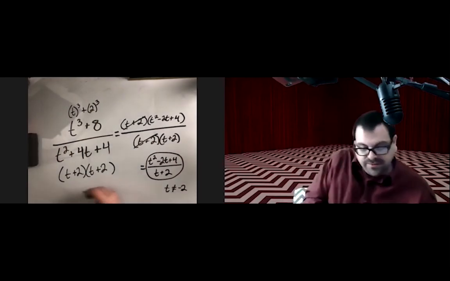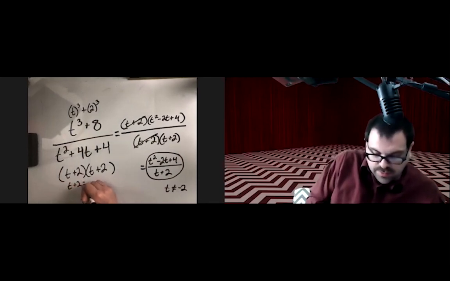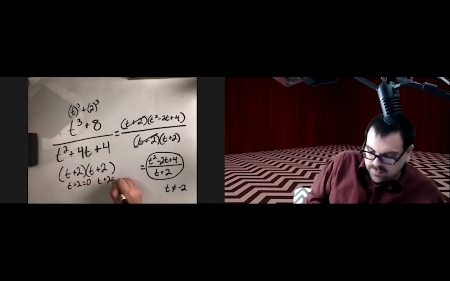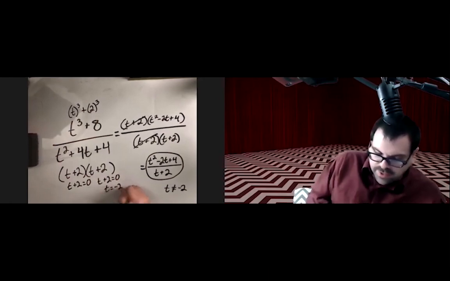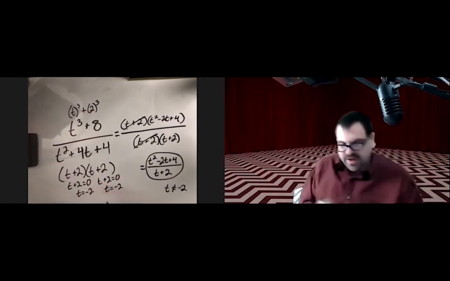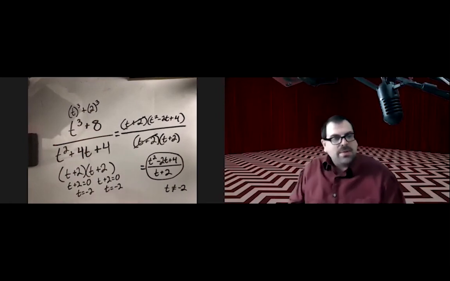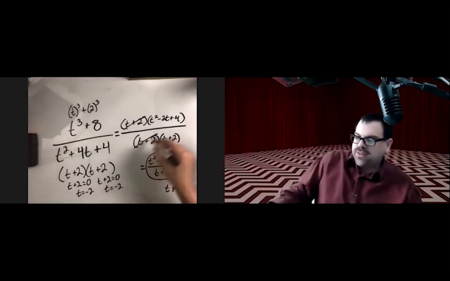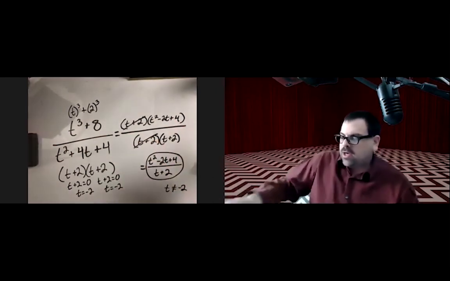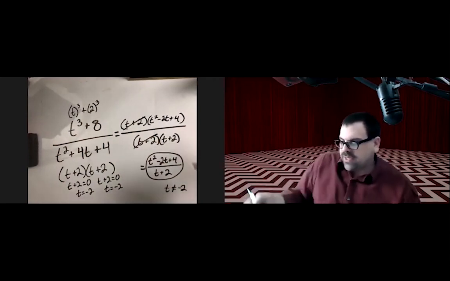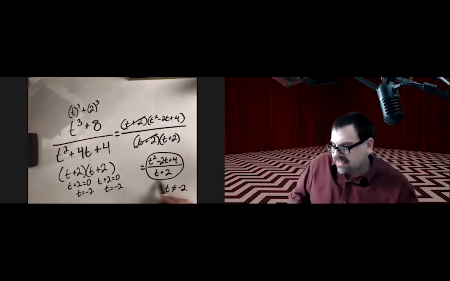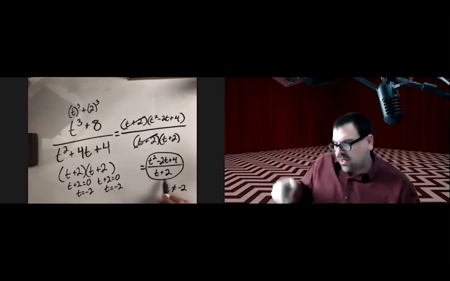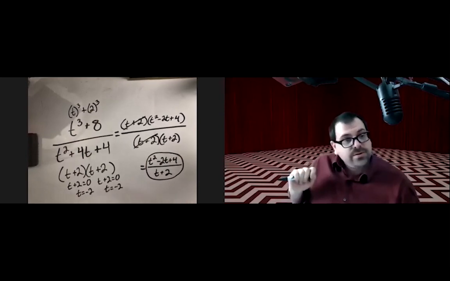Because our restricted values are actually only one restricted value, a t plus 2 that we get twice. So even though one of those got canceled away, we were still left with the other one. So we can still look at our answer and see, hey, t can't be -2. And because we still see that information, we don't have to say it.